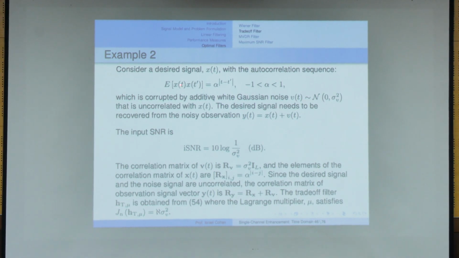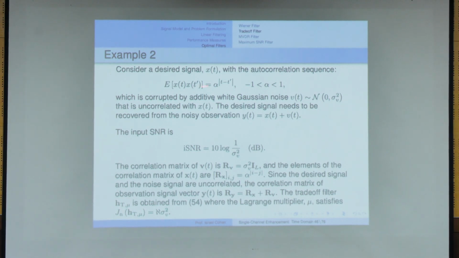Suppose that we have a signal, x, and we don't know too much information about the signal. We just know what is the correlation between any two samples of x. So the correlation between two samples of x decays with the distance between them, and alpha can be any number between 1 and -1.